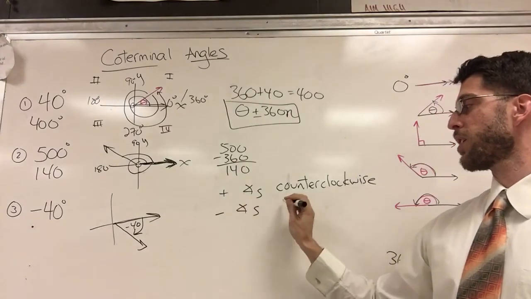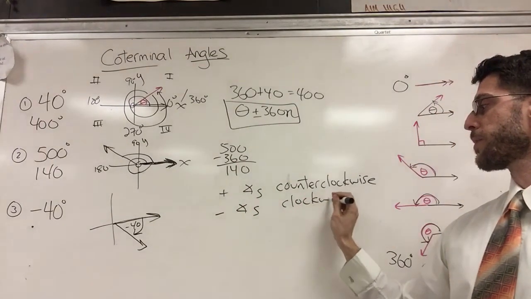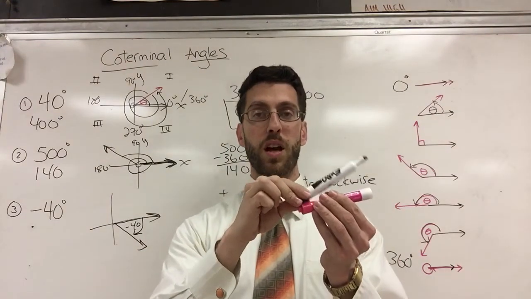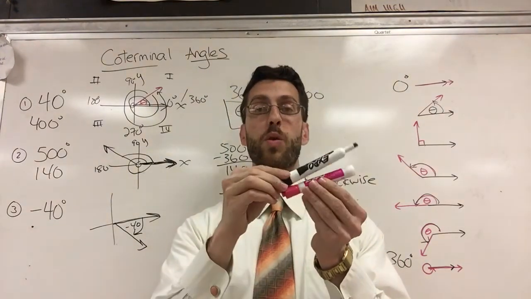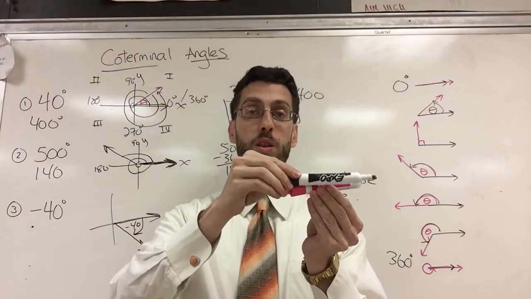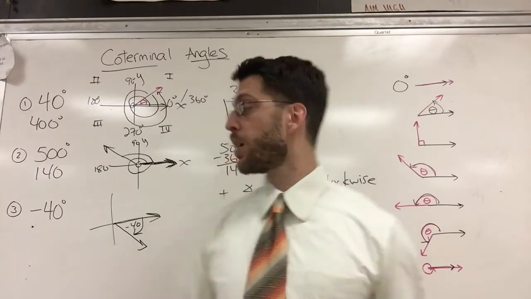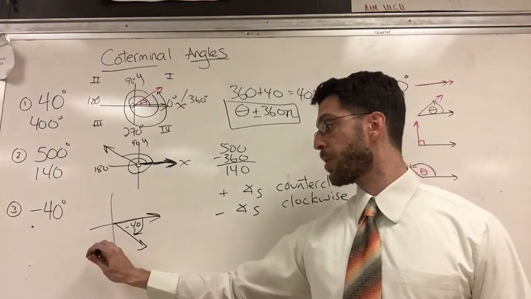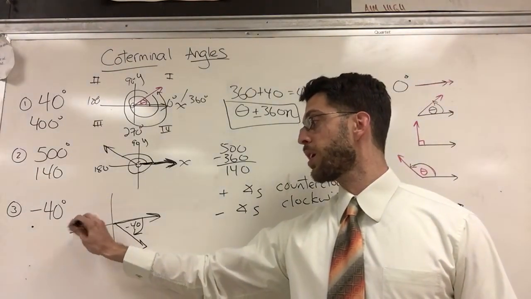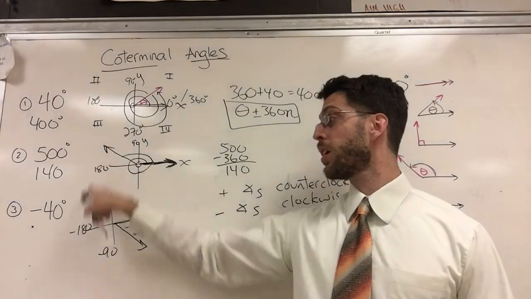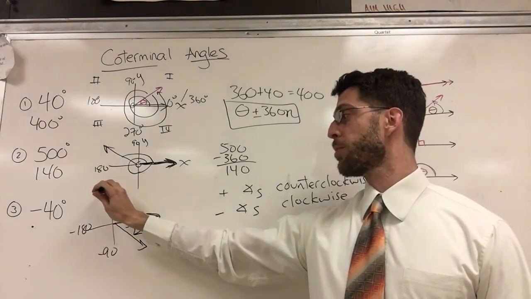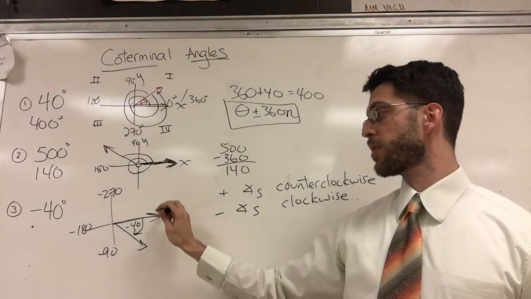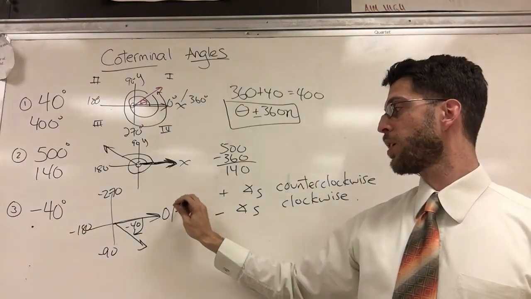Negative angles are clockwise. All right? So if I want a positive angle, I'm opening opposite the way a clock would open. If I want a negative angle, I'm opening the way a clock would open. Okay? So negative 40 is boop. If I was counting in negative numbers, this would now become negative 90, negative 180. Notice negative 180 and positive 180 are coterminal. Here would be negative 270, coterminal with 90, and then negative 360 would be coterminal with 0.